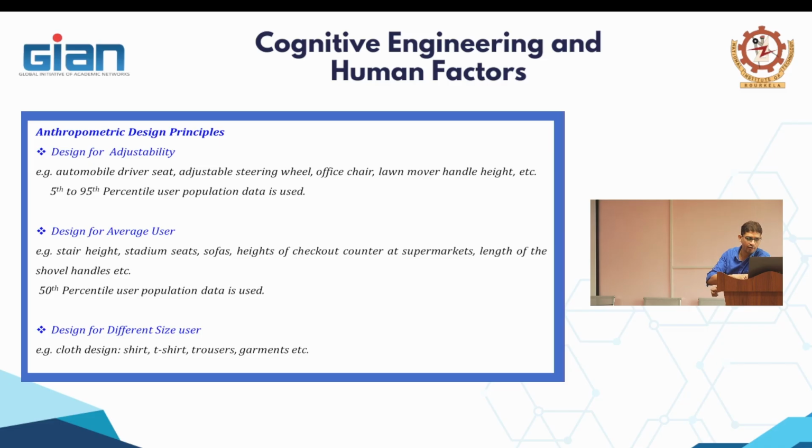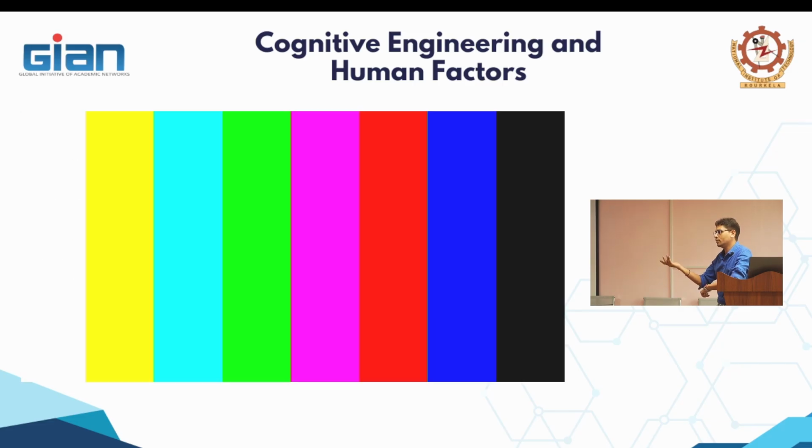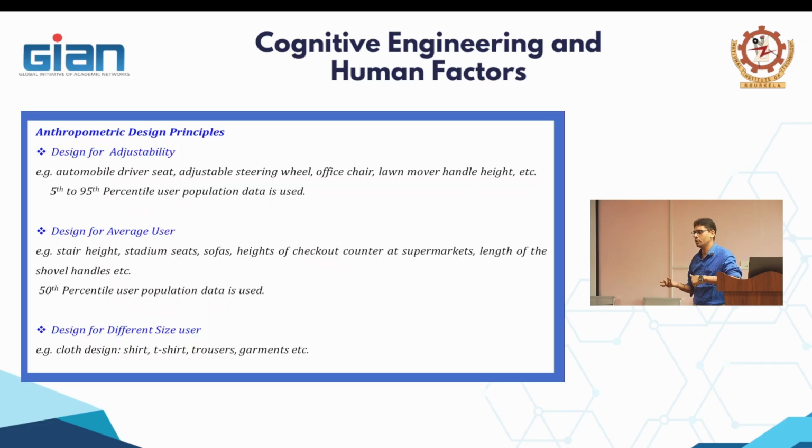Then design for the average user. As I told, there is some economic part that comes into the category of adjustability. So in general we design for the average person when we do not know the population size, whether we should design for maximum or minimum, and the cost is such a big parameter that we cannot go for adjustability.